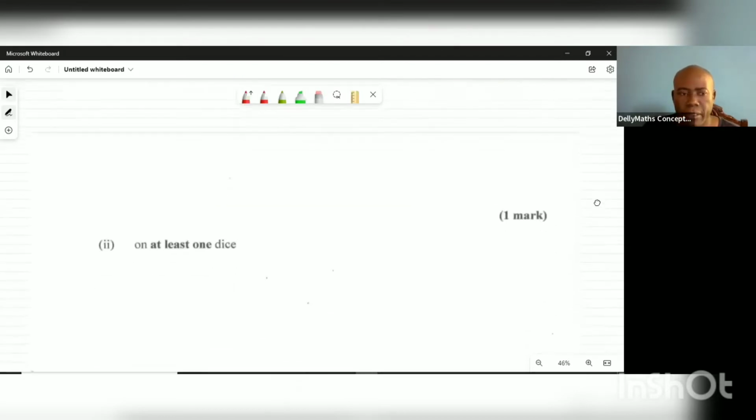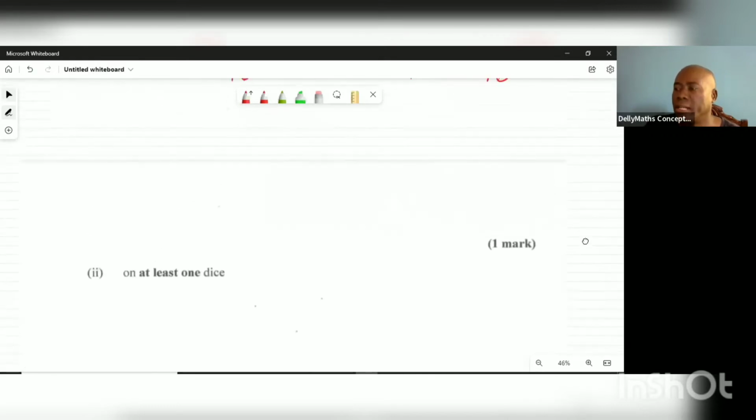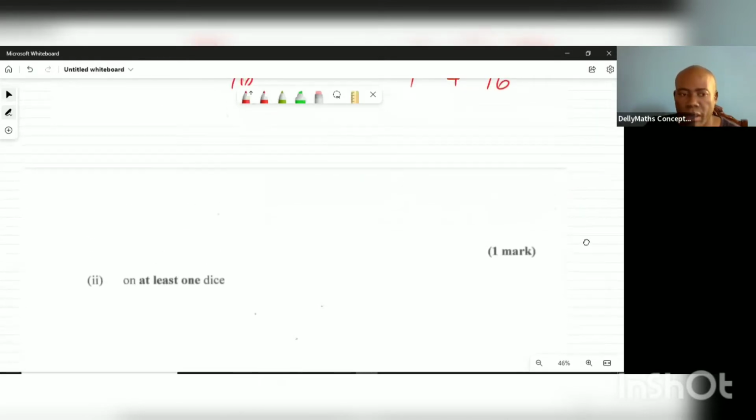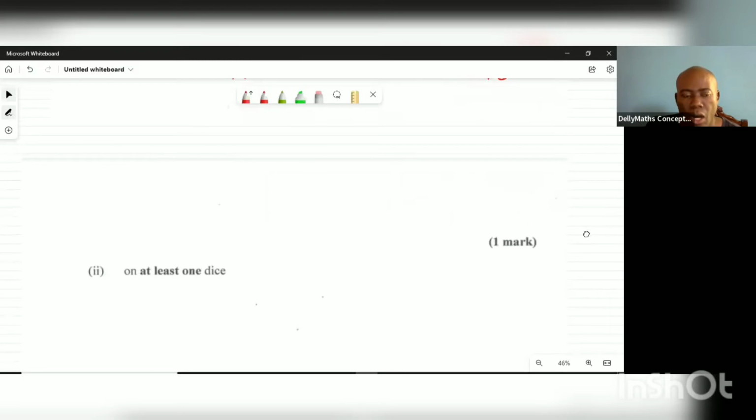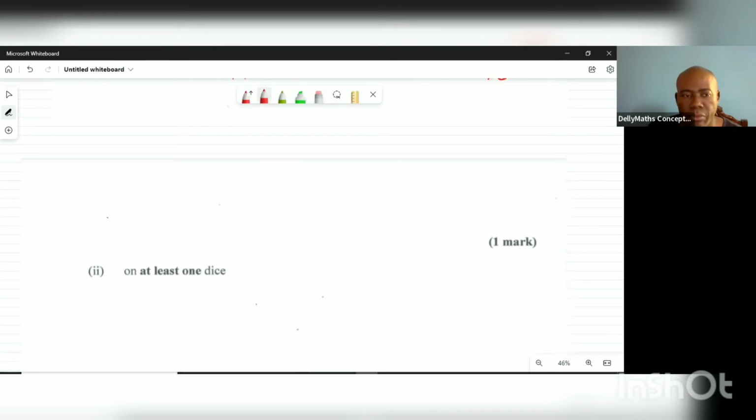All right. Number 2 says to get a 4, remember the probability is already saying to get a 4, on at least one die. Now we're thinking about getting a 4. So the probability of getting a 4 on at least 1.